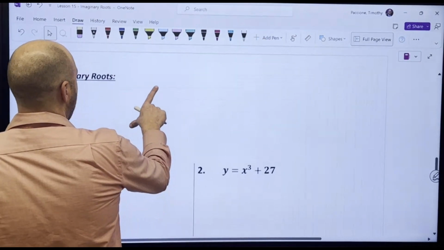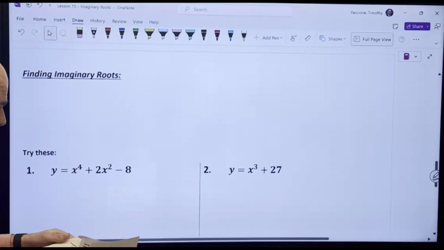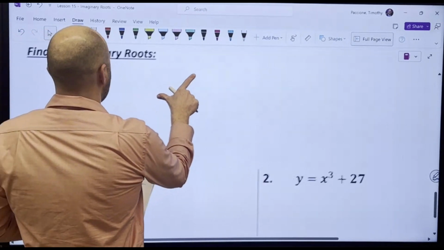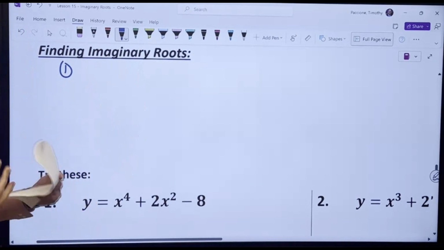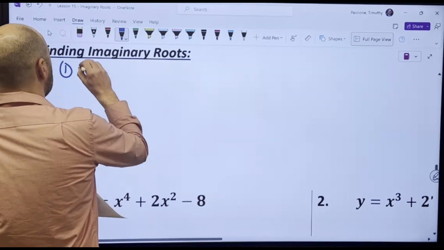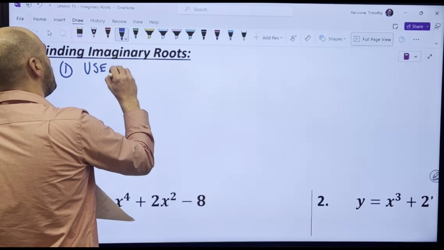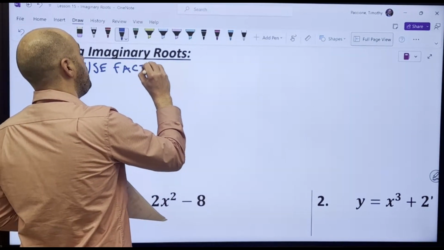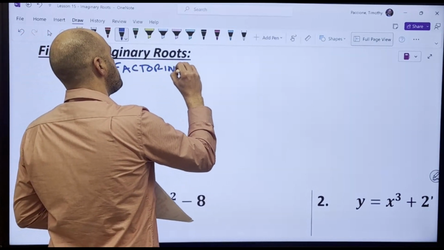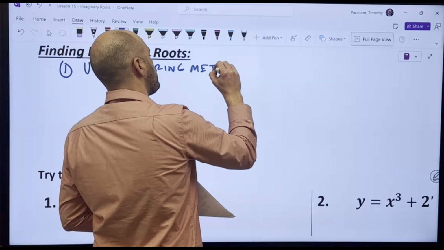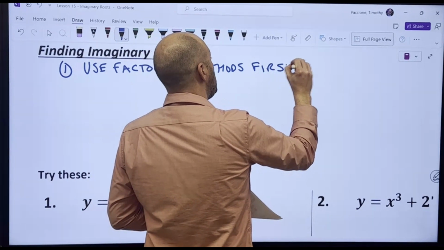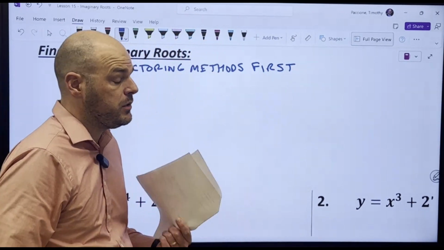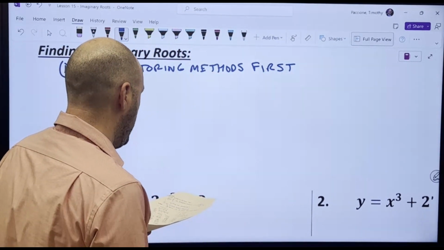All right, finding imaginary roots. So there's a few steps we want to follow here. All right? So our first step is we're going to just do what we usually do, right? Use our factoring methods first. See how far we can get. It's not going to get us all the way when we have imaginary roots, but it'll get us some part of the way, right?